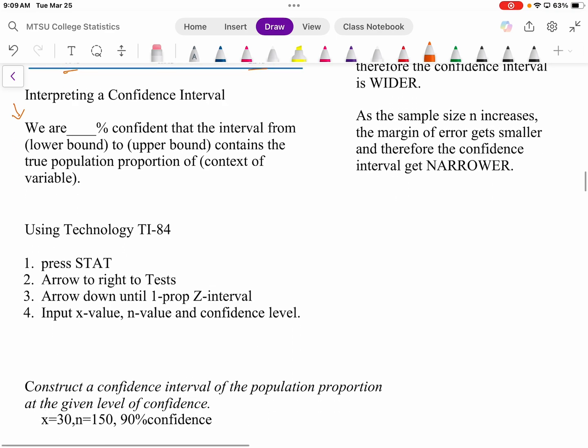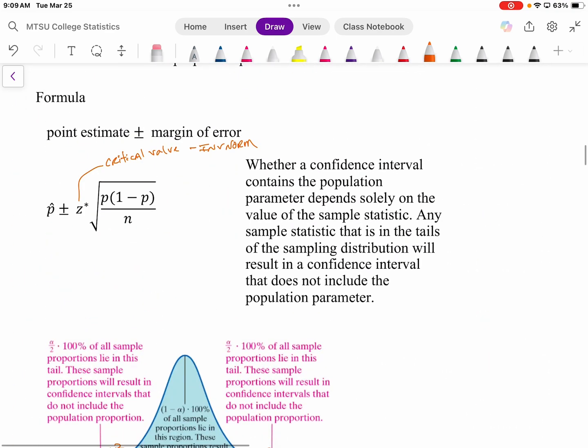I'm not going to do too many by this setup right here. Again, I would write that on your little cheat sheet notes for the final, having that formula set up for confidence interval for proportions. I would definitely label that, C interval for proportions.